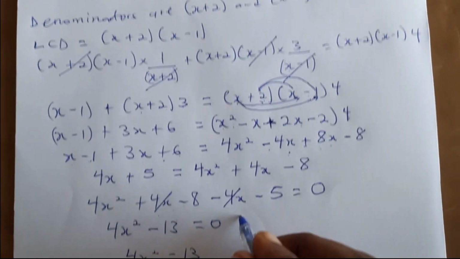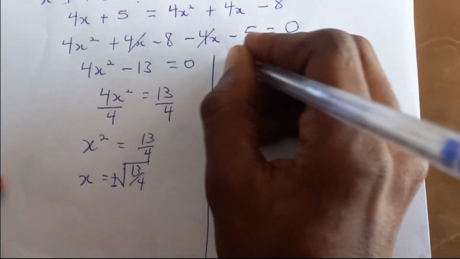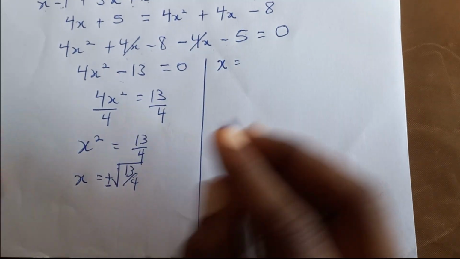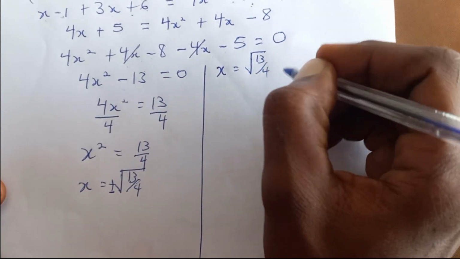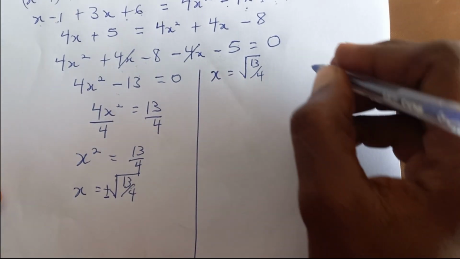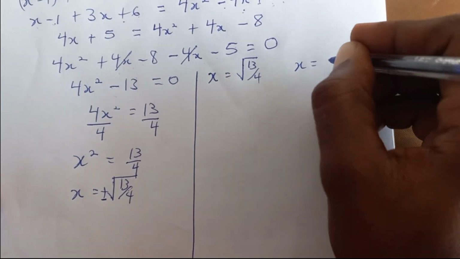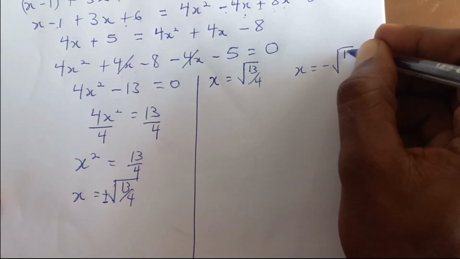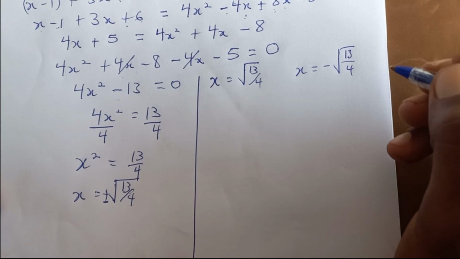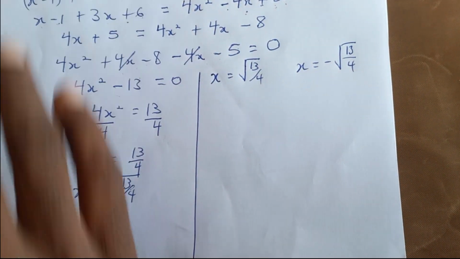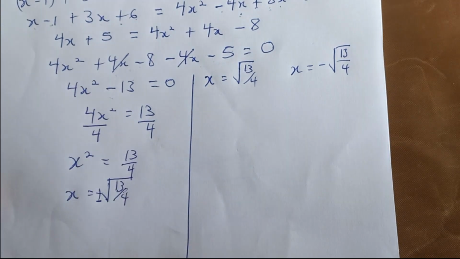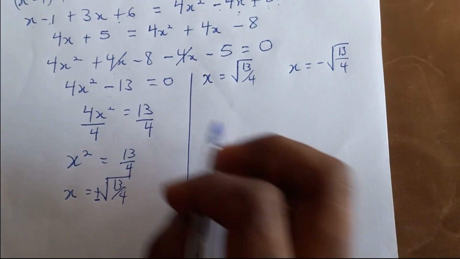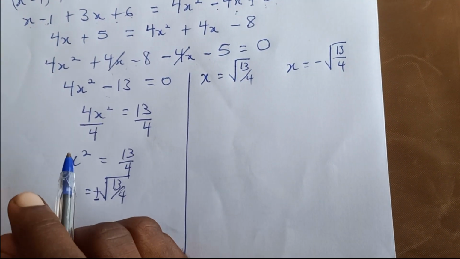For our case, you can check with x equal to positive root of 13 over 4, and also negative root of 13 over 4. Good. For our case, it's not resulting in 0. The denominator is not 0. So this is the solution for the question.